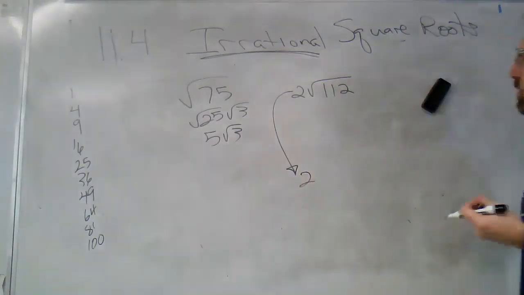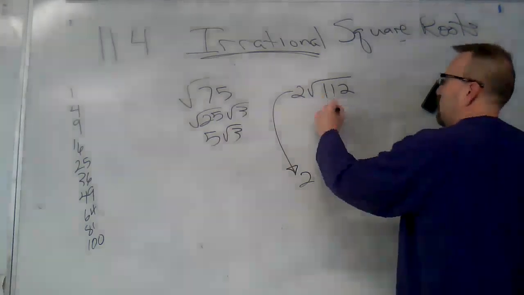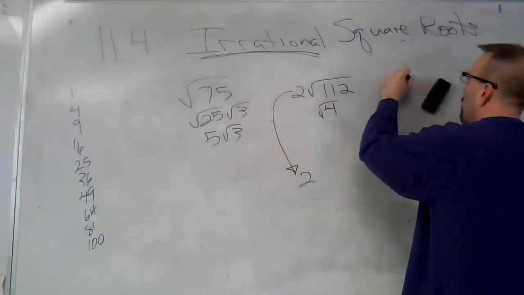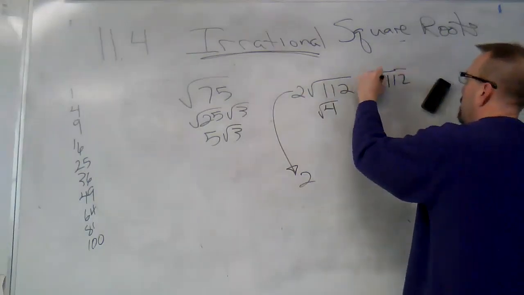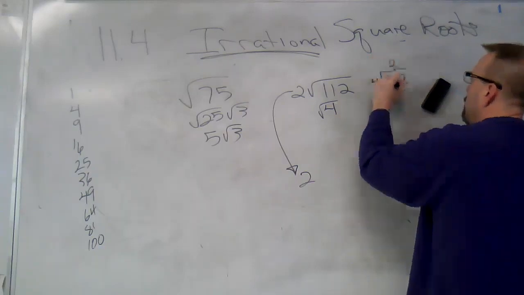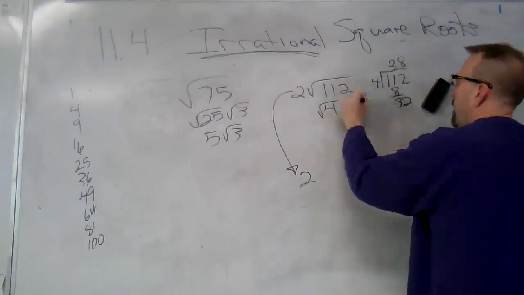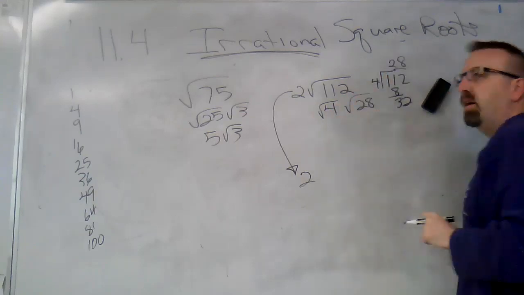112. What we think might go into that? If you're not sure, let's start with 4. Okay, 4 will work, I know that much. There might be something else, but that's okay. 4 times 28. Can we simplify 28 down anymore?